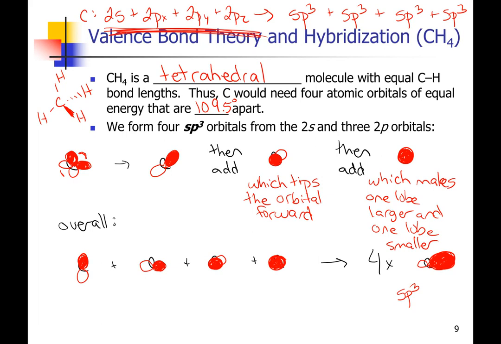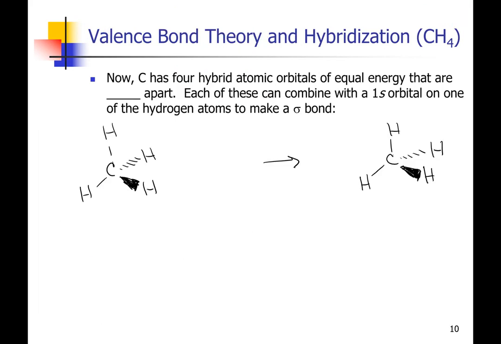So how does that play out in the bonds? We've now made hybrid atomic orbitals that are all 109.5, give or take, degrees apart. We've got one pointing at each of our 4 hydrogen atoms. I'm just going to draw one of them on this picture here.